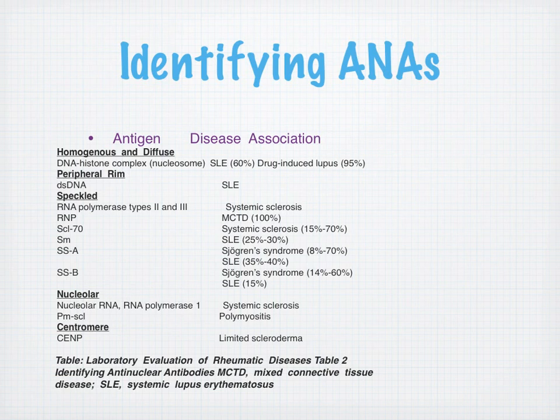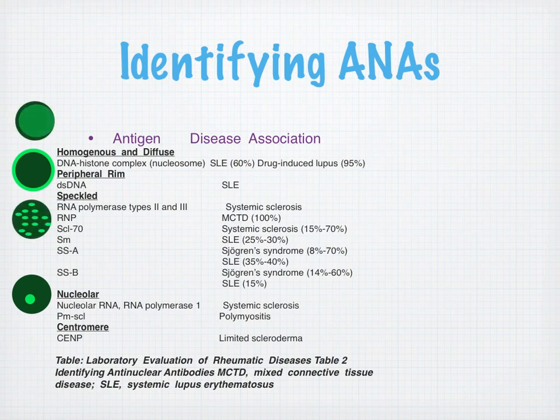Here's another slide that demonstrates those different patterns: homogeneous and diffuse, peripheral rim, speckled, nucleolar, and centromere. And that would be the laboratory evaluation of rheumatic diseases, identifying antinuclear antibodies. There's the nucleolar cartoon, and there's the peripheral rim, the speckled, and the homogeneous.